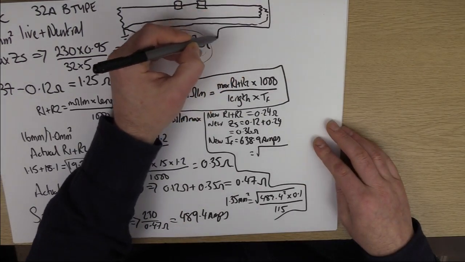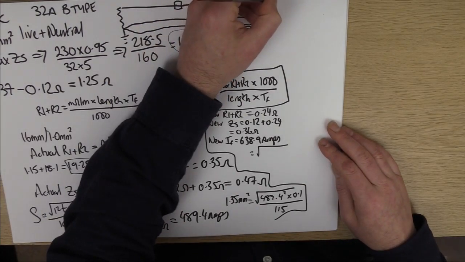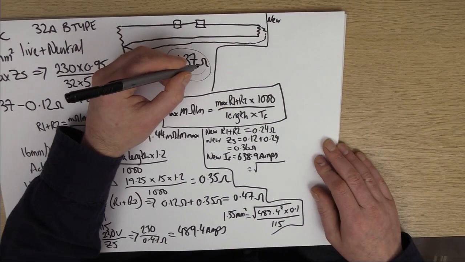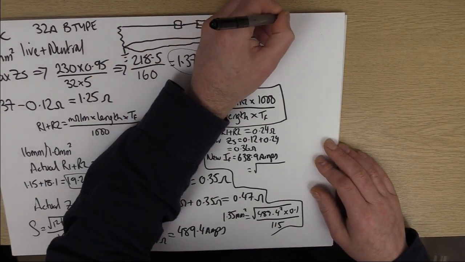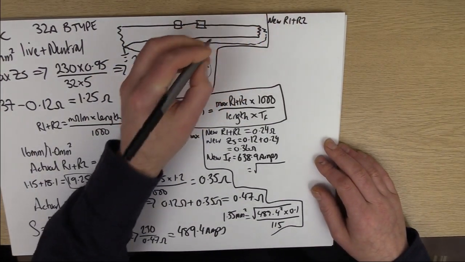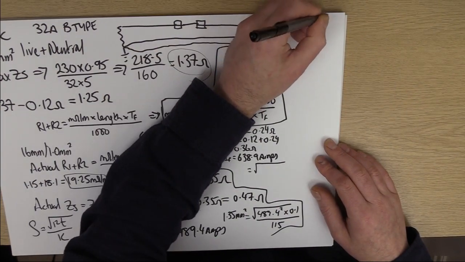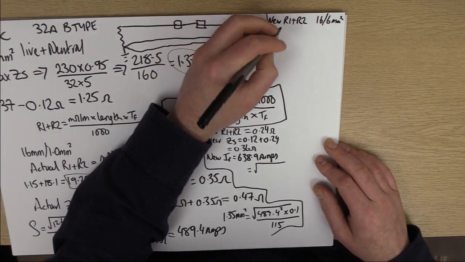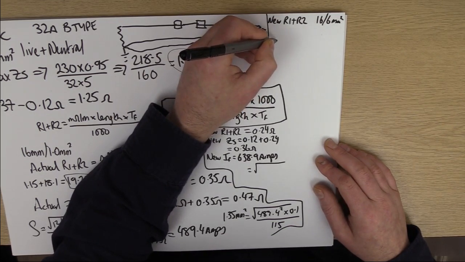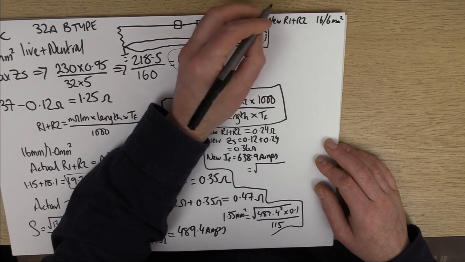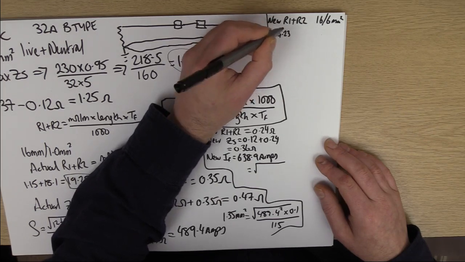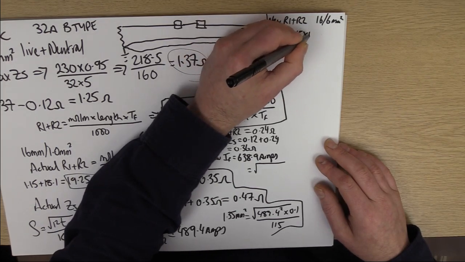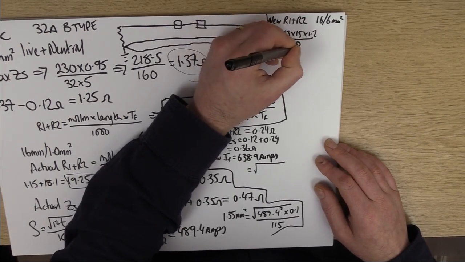Now I'm kind of running out of space. So with new R1 R2, this is with a 16 and a 6mm CPC. We've got a milliamp per meter for 16/6mm of 4.23 times length times temperature factor over 1000.